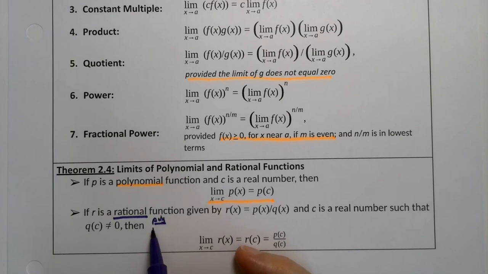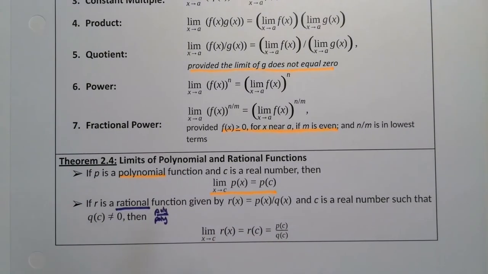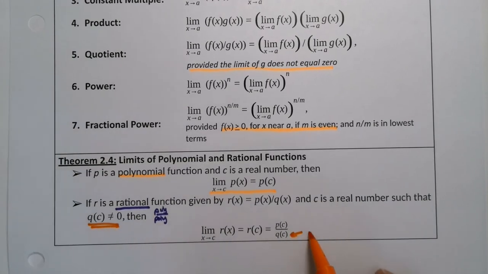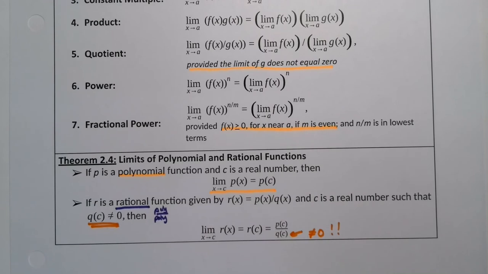If you take a polynomial divided by a polynomial, then the limit of that function will be equal to the function value at that point, as long as the denominator is not equal to 0, because you cannot have a denominator equal to 0. Well, at least that's what you learn in Calc 1. And here we're going to learn there's a way around it.